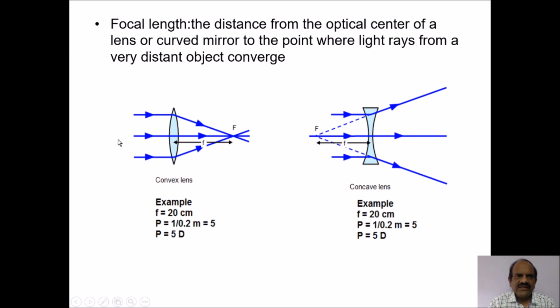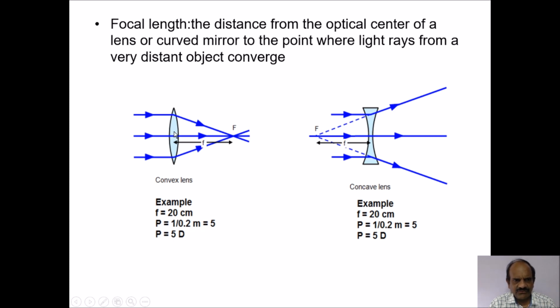Now, as we have learned, every optical apparatus or lens has a center. These lenses have their center on a vertical optical axis, and the rays converge at this point F. Suppose this is our optic center.